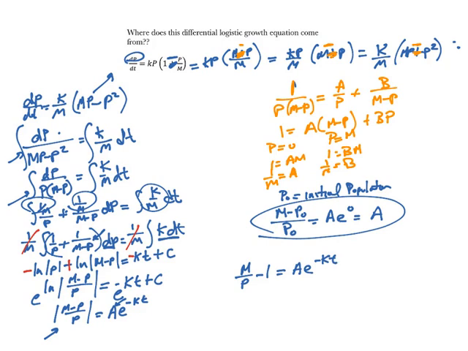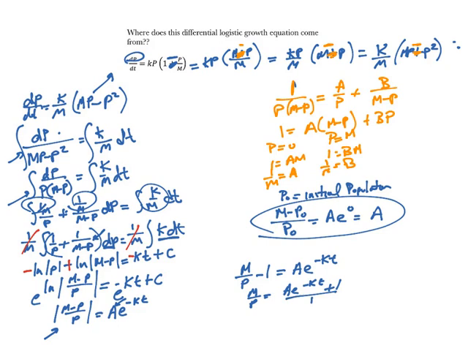So I got rid of the absolute value. I split this up into two separate fractions. So I can say then that m over p equals a e to the negative kt plus 1. Well, I don't want m over p, I want p over m. So I'm allowed to flip both sides of an equation.